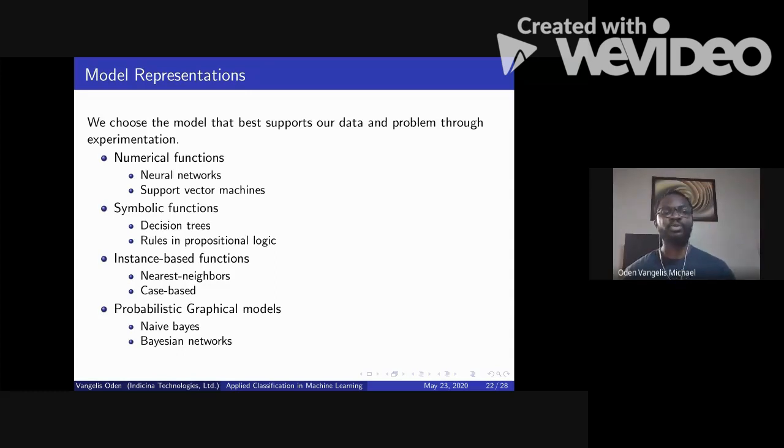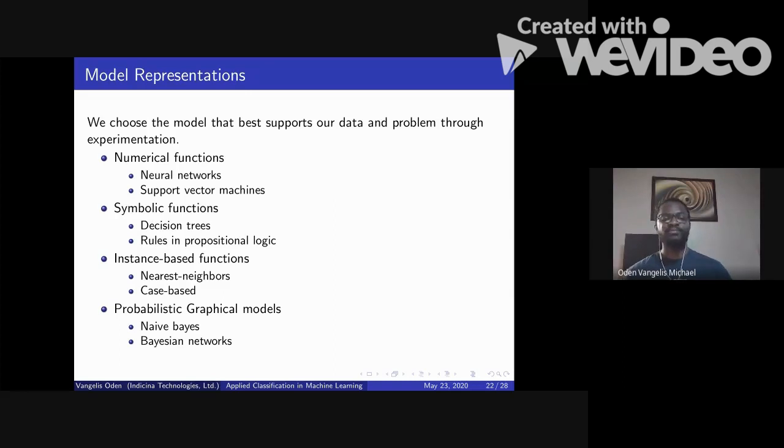So yeah, one of the ways is we can use a numerical function, from statistical techniques like support vector machines, to neural networks and the basic deep learning methods. Or symbolic functions, decision trees, or rules in propositional logic. We saw decision trees earlier.